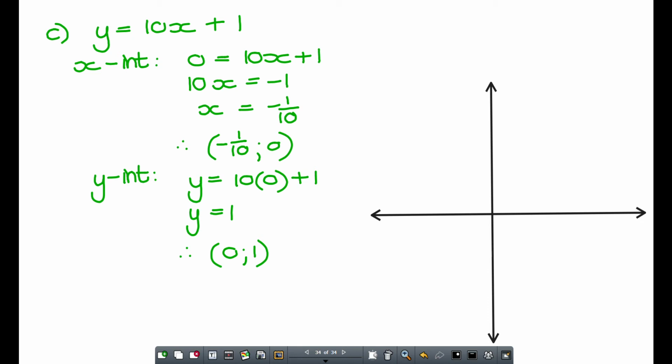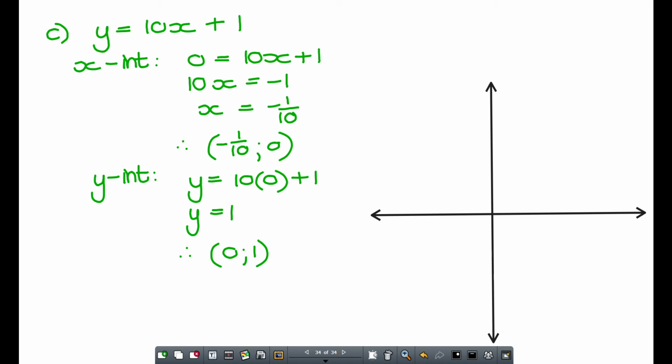Please keep it in fraction form. Okay? Then to get the y-intercept, we make x 0, which means that y will be 1. Keep it in fraction form. You can? Yeah. But we prefer fractions.